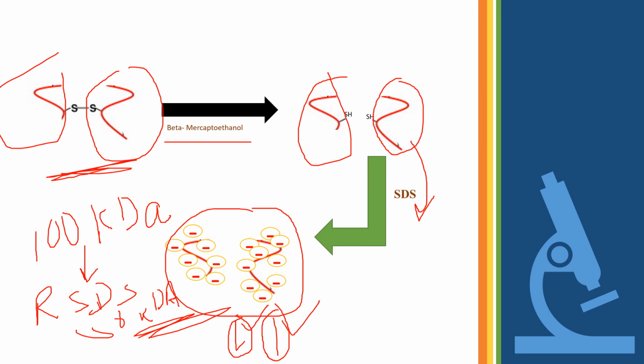It is an oligomer of two subunits of 50 kilodalton molecular weight. Hence we can know the subunits of a particular protein by running it first through a native PAGE and then through a reducing SDS-PAGE.